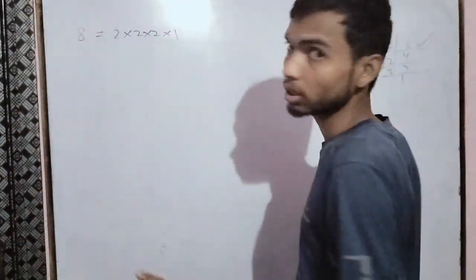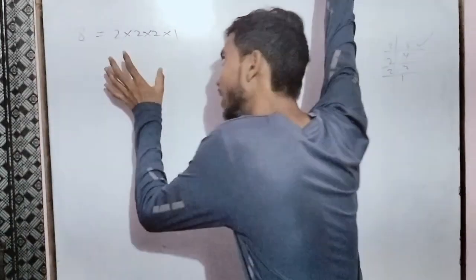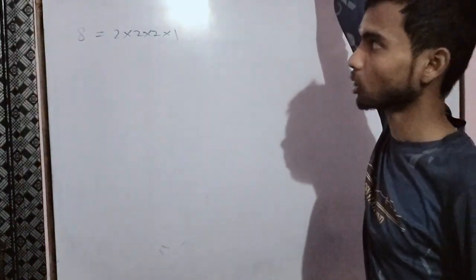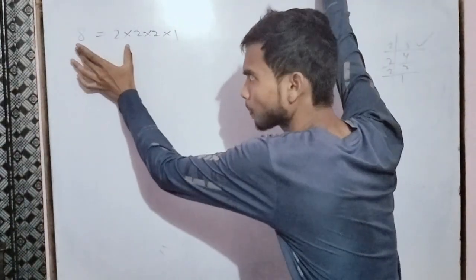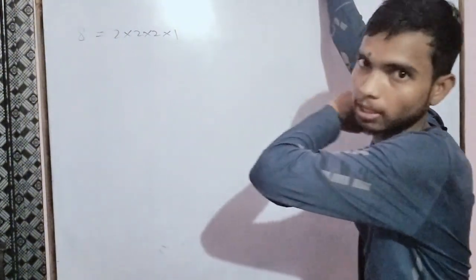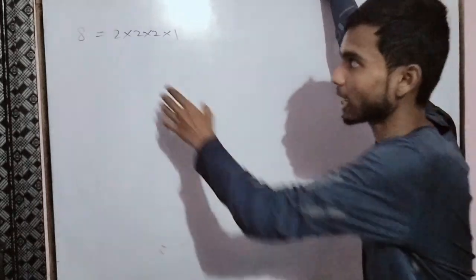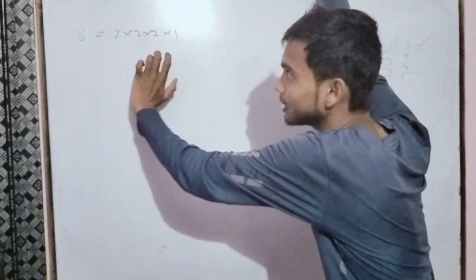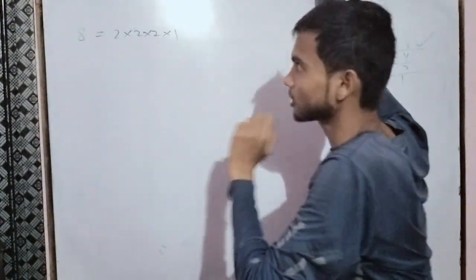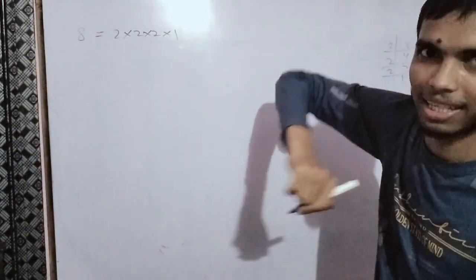Kishan gave the input, which is 8, and we have written the output. The meaning of both is the same, this is 8 and it is also 8. But the main question was to factor, and we have factored this number.